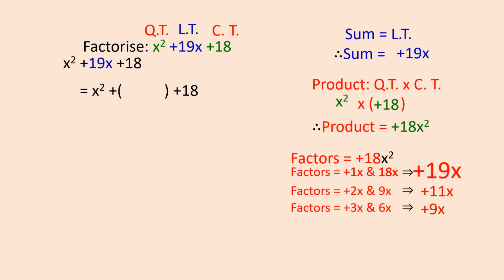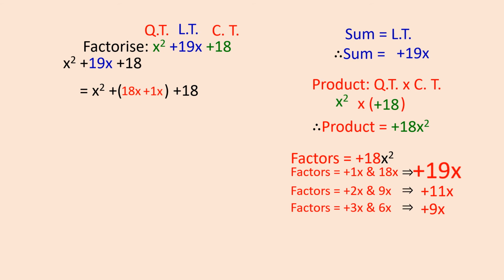Now 19x has to be replaced by the factors we have got, that is 1x and 18x. Mind it, first we take the bigger number out of the two selected factors. So 18x is first, and second we go for the smaller number, that is 1x. So 19x is replaced by 18x plus 1x.